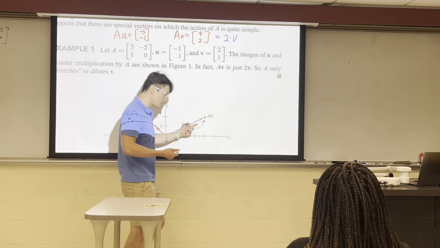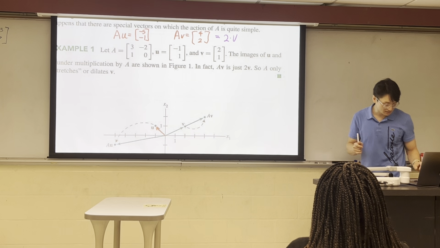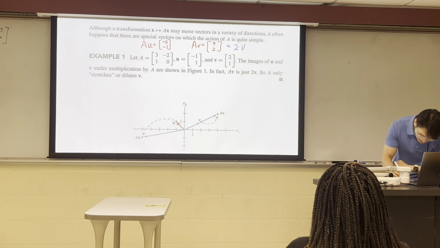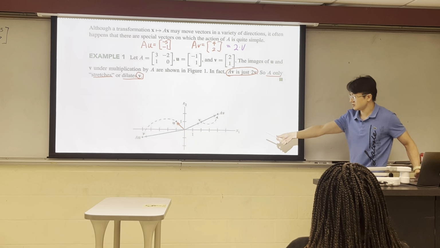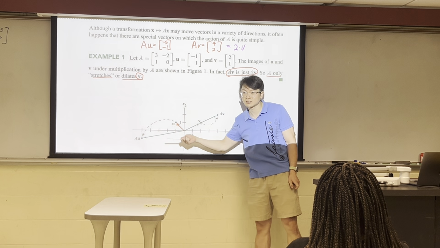But here you only stretch. So if I read this, AV is just 2V. A only stretches or dilates V. However, vector U, you rotate and also stretch.